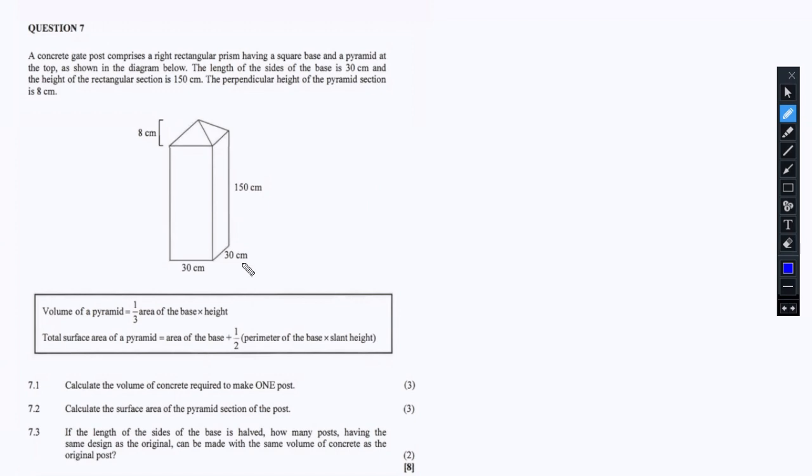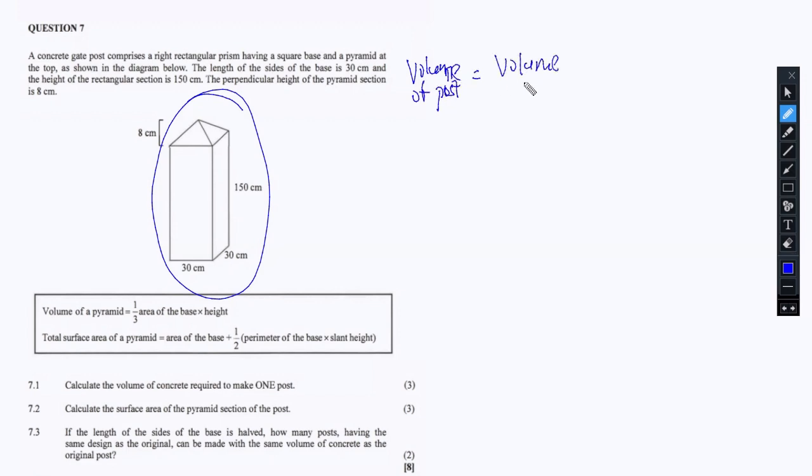Now we do understand that this whole thing here is called a post, right? So that means in order to calculate the volume of a post, we have to figure out that it is the volume of rectangular prism plus the volume of pyramid.